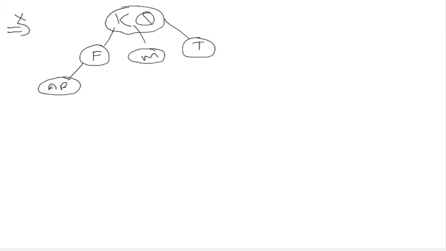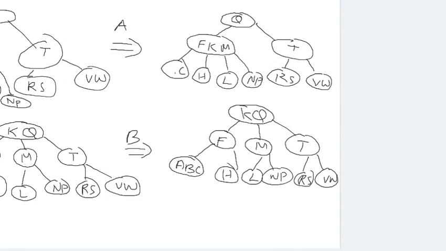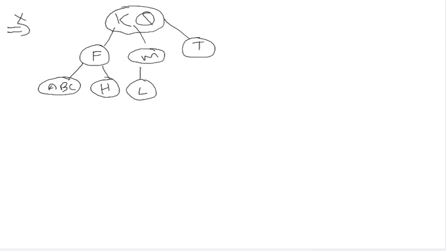Okay. Insert Y. So Y should come to here. Y is the next, right? Yes, Y. So Y will come to here, but that is a full node. So we will move W to its parent.